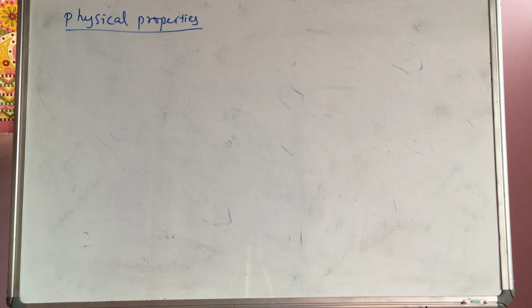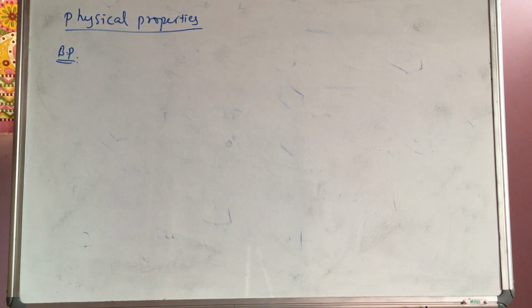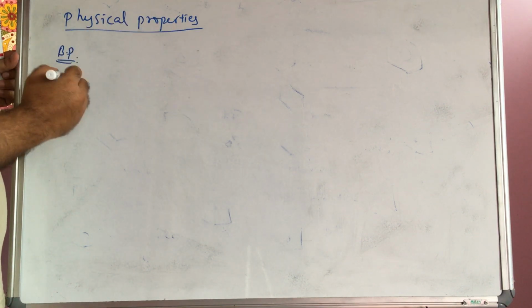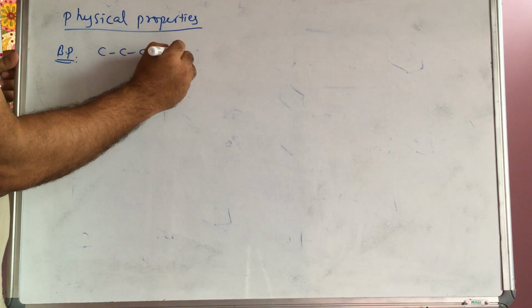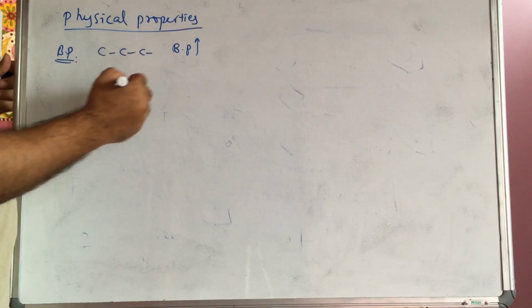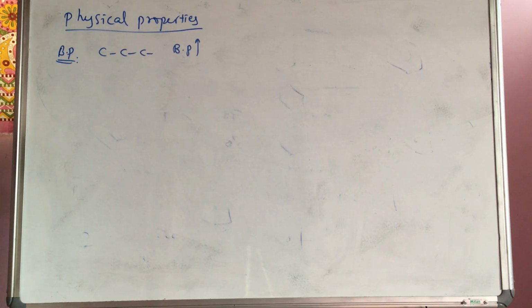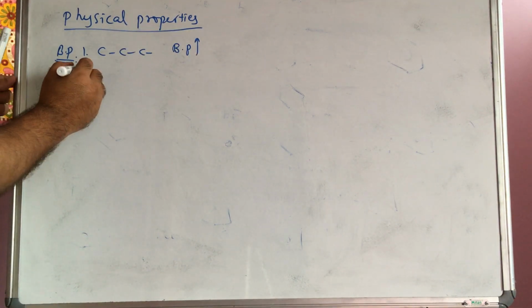Now if you discuss boiling point, as molecular weight increases or carbon chain length increases, boiling point increases, because as molecular weight increases, van der Waals forces also increase. This is one: carbon chain length increases, boiling point increases.